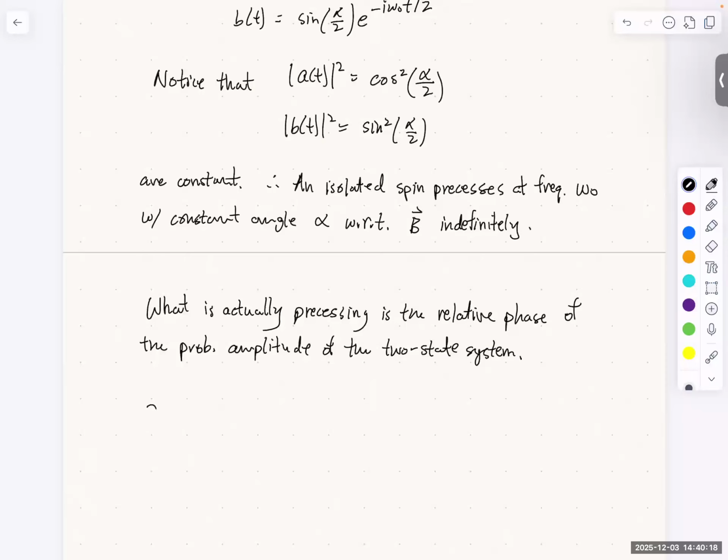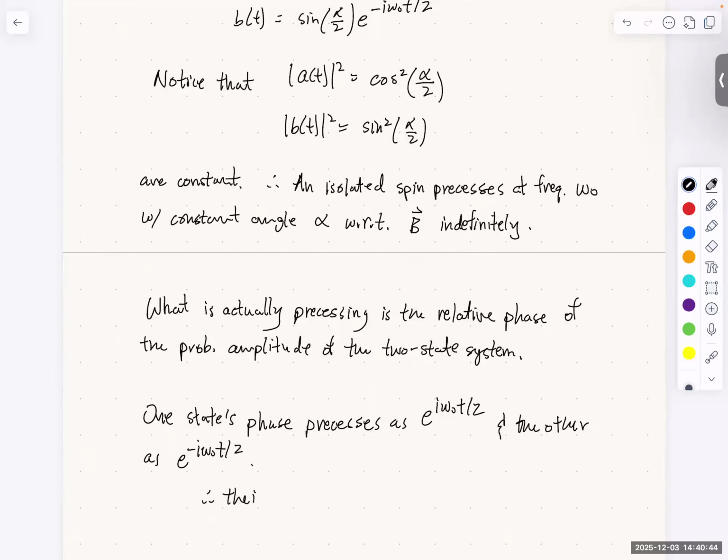Okay, so one state's phase precesses as e to the plus I omega naught t over 2, and the other as e to the minus I omega naught t over 2.